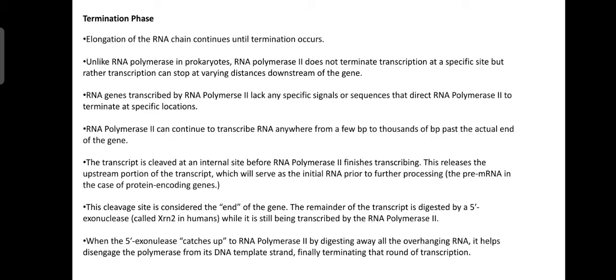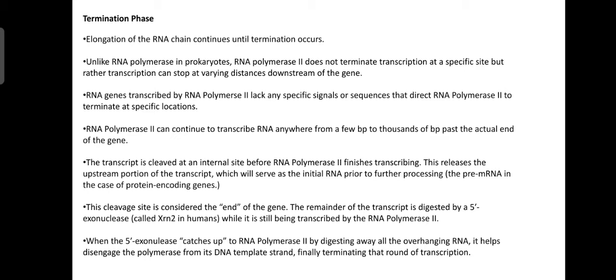For telling this, there are no certain sequences at specific locations and no specific signals for that. That is the reason why RNA polymerase II in eukaryotes cannot terminate the transcription.